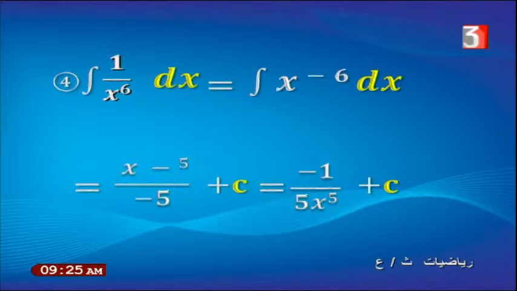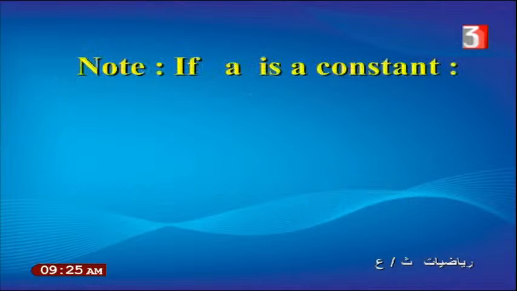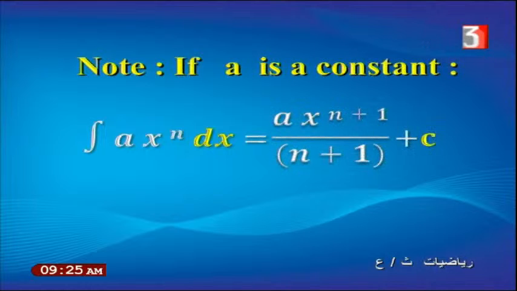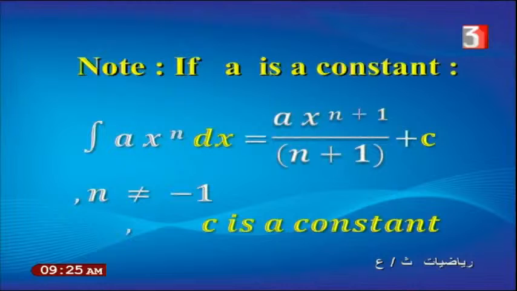Dear students, to make this work easy, we have the following rules. If a is a constant, then integration a x to the power n dx equals a multiplied by x power n plus 1 over n plus 1 plus c, where n not equals negative 1 and c is a constant.